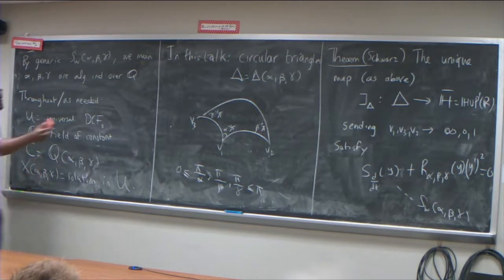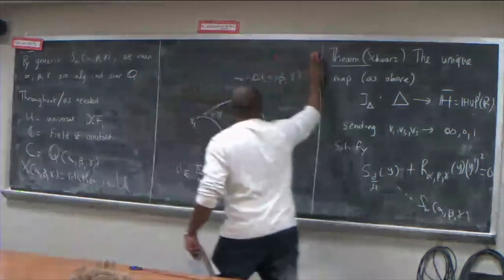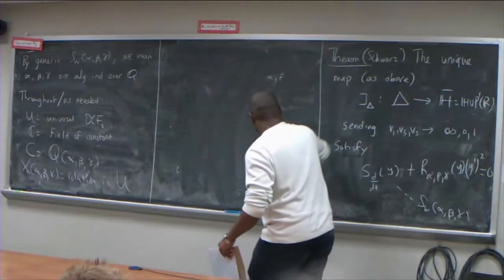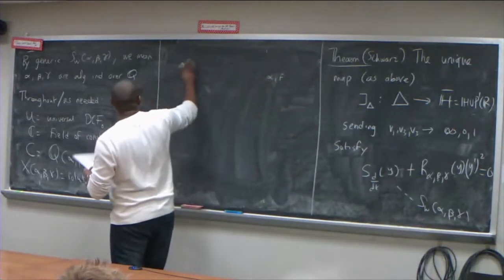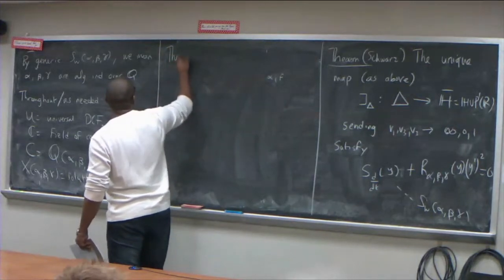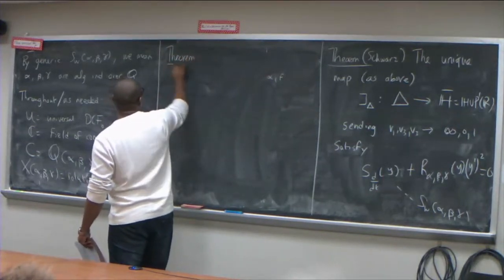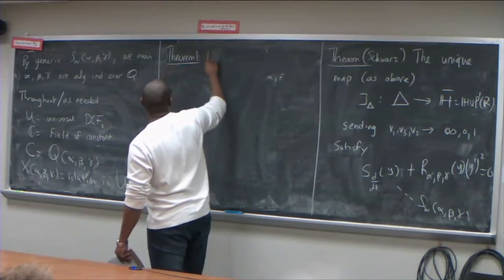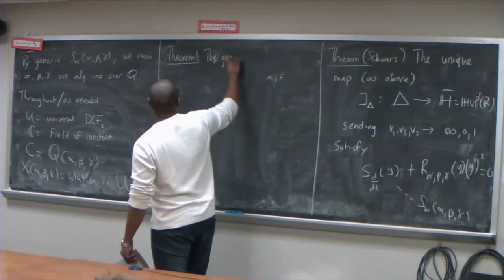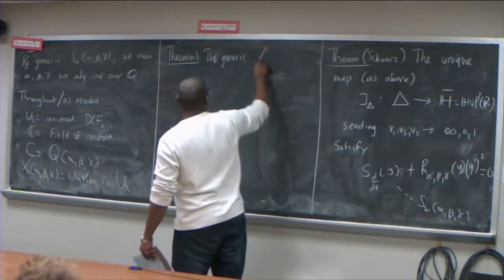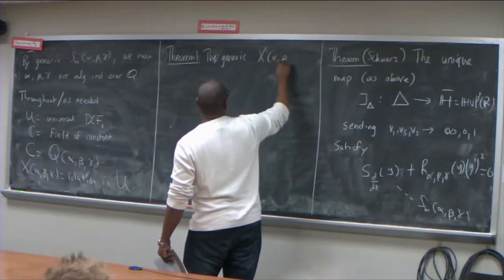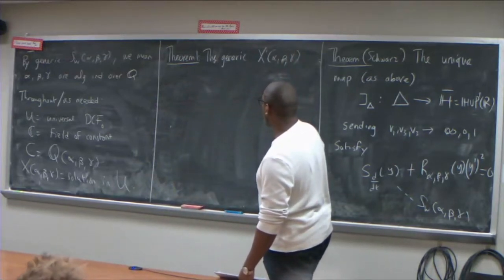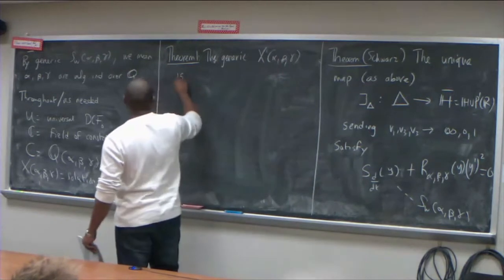And so the two results that I want to talk about today, and hopefully I'll be able to go through the entire arguments. Theorem 1 is that the generic solution set for the equation is strongly minimal.